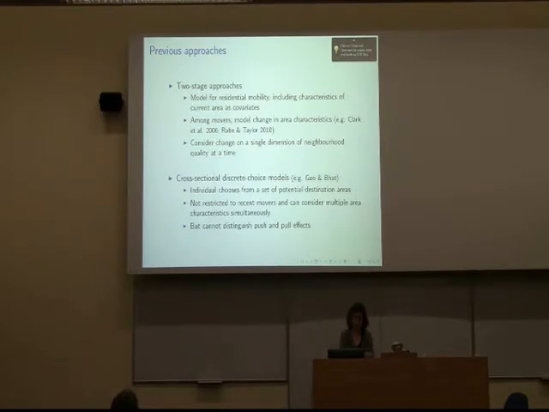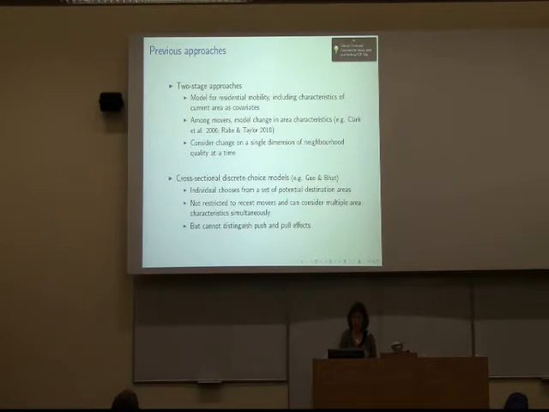So moving on to the other group of approaches, they use discrete choice models, and that's what I'm going to be using. But they really focus on a cross-section. The idea here is that a person at a particular point in time will choose between a number of potential areas that they could move to.